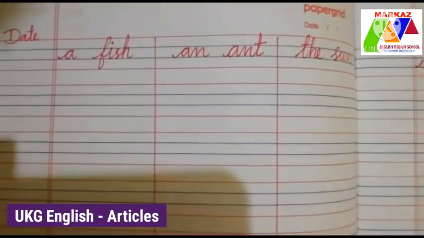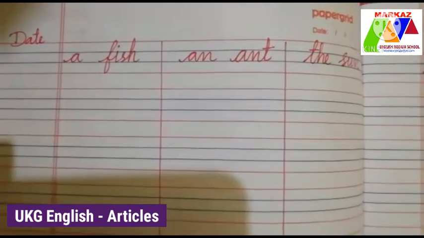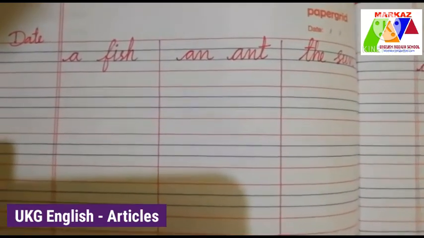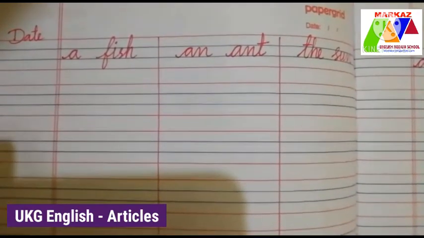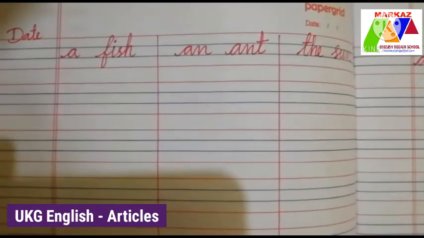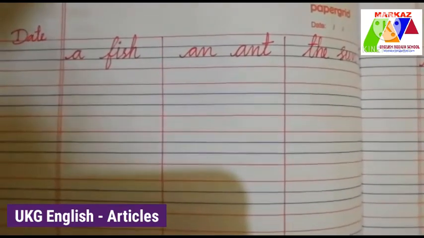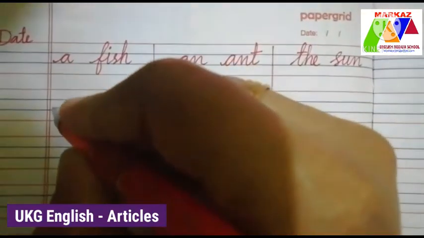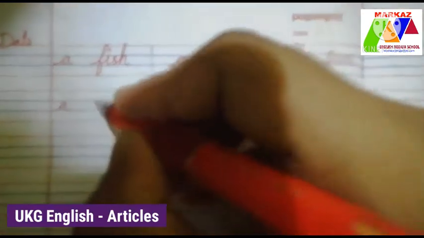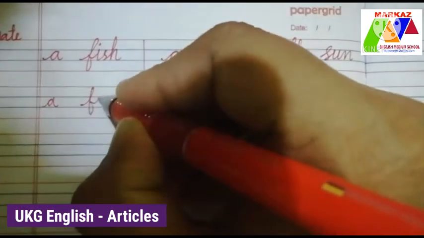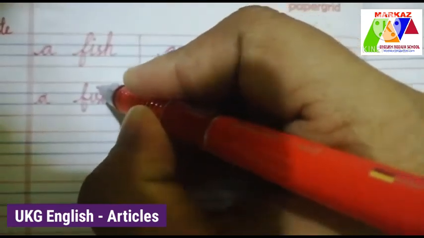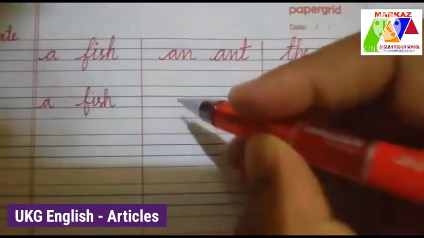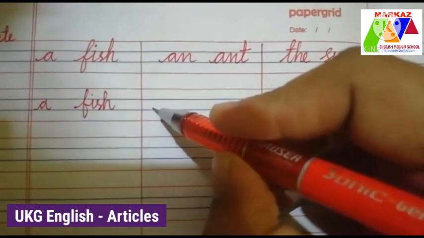Listen here, children. Take a fresh page in your 4-line notebook, then put on date, then draw 3 columns like this. These are some examples of articles. So you have to write like this. A fish, first one, a fish. Then second one, an ant.